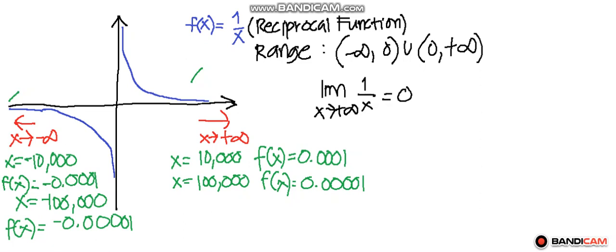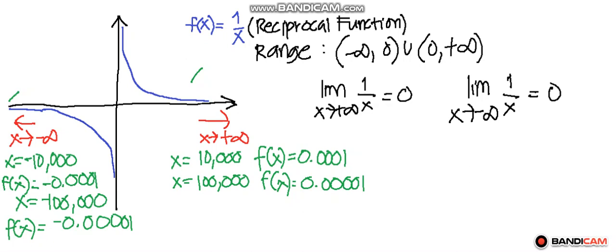So in a similar manner, we can say that the limit of 1 over x as x is decreasing without bound, or that as x is approaching negative infinity, is equal to 0. Okay, so again, we cannot accept in algebra that the value of 1 over x can be 0. But in calculus, that is possible.